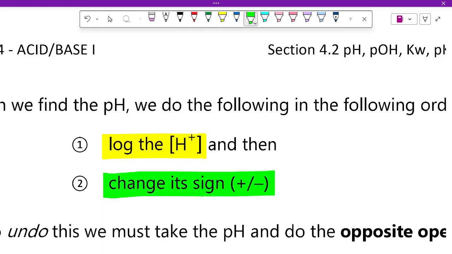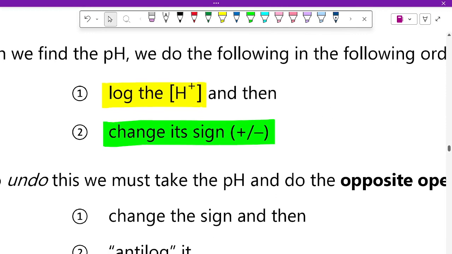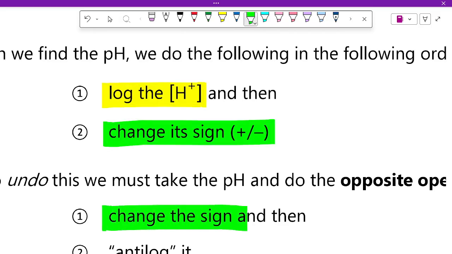So to go backwards from pH, we're going to first change the sign, and then we're going to do the opposite of log, which is anti-log. And anti-log just means 10 to the x.